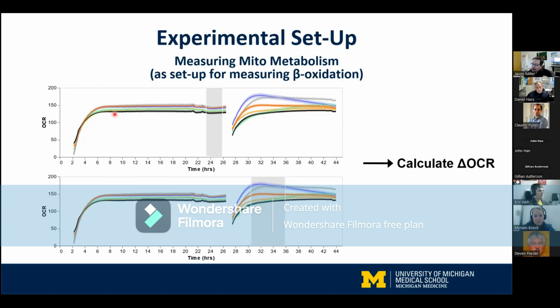So this black line just represents standard media. We then change the media. It takes a while for the O2 gradient to reestablish. So this device does not measure OCAR in short amounts of time. You have to let a new oxygen gradient reestablish in order to get an accurate OCAR reading.